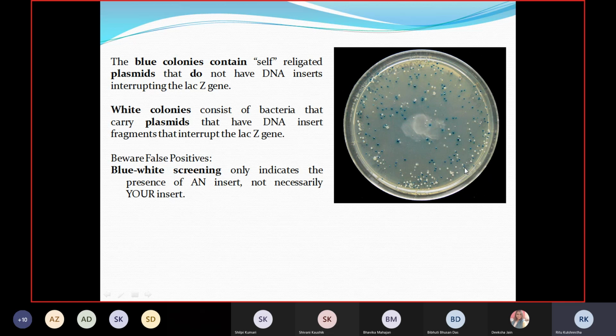This LB agar plate, for your information, contains ampicillin, and X-gal is spread on this plate. As a result, bacteria get a chance to have the substrate X-gal to act upon, and if it has intact beta-galactosidase, it will give blue color.